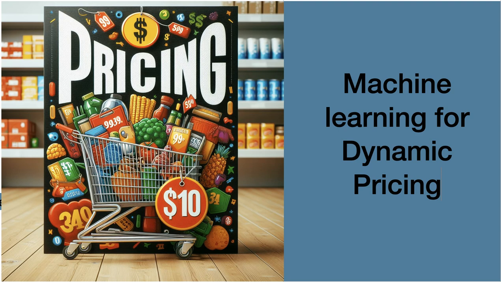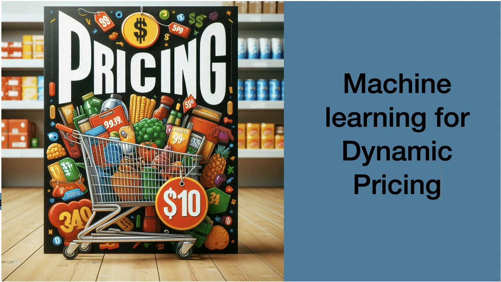For example, a luxury hotel may set higher prices to maintain exclusivity and cater to high-end clientele, while a budget hotel may offer lower prices to attract price-sensitive customers. 2. Supply and demand. Another traditional method involves adjusting prices based on supply and demand dynamics.